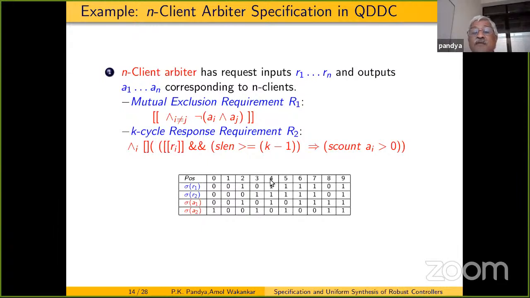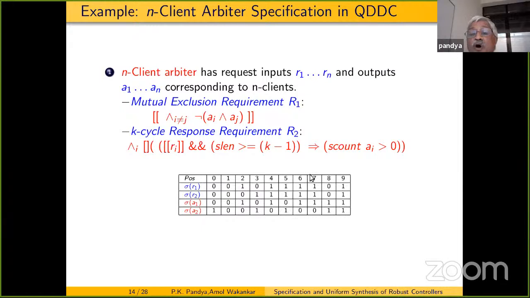So, for example, if you take the window 4 to 5, R1 is continuously true as well as R2 is true. And we can say that between this window, this interval 4 to 5, both the requests are true simultaneously for both the cycles. And of course, both of them get a response within that window. So the response time of 2 is met, right?